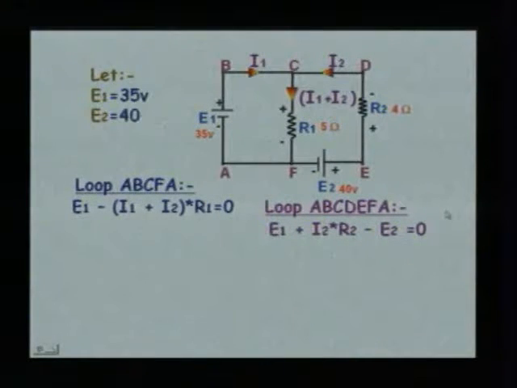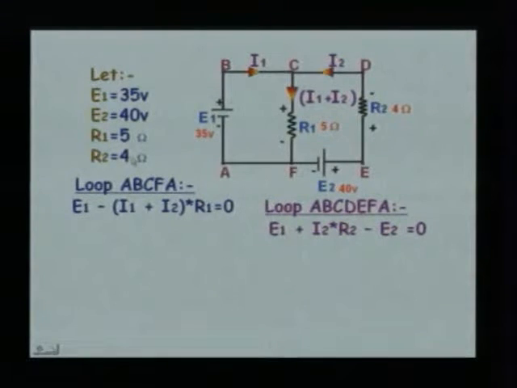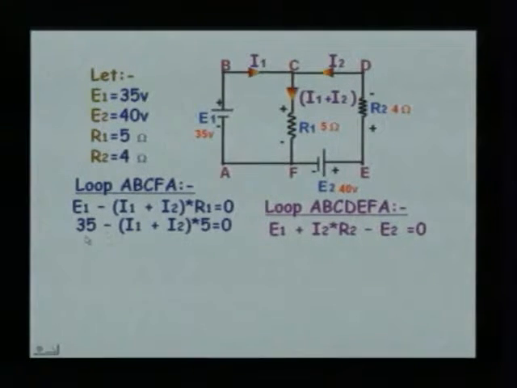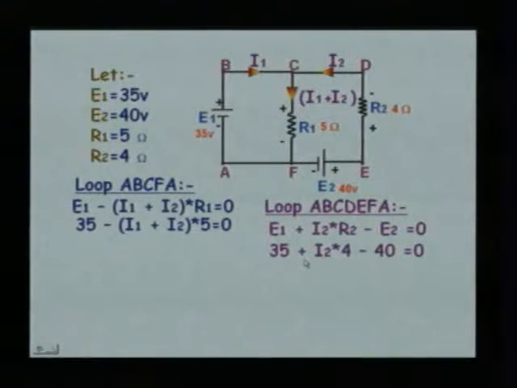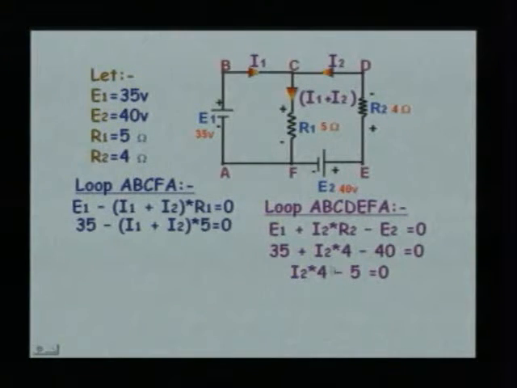Now, we will put down E1 as 35, E2 as 40, R1 as 5, R2 as 4. Substitute this in the equations, that is, 35 minus (I1 plus I2) into 5 is equal to 0, and 35 plus I2 into 4 minus 40 is equal to 0.